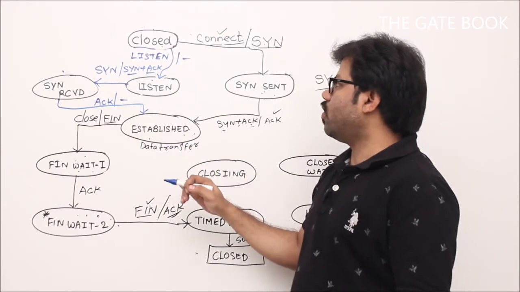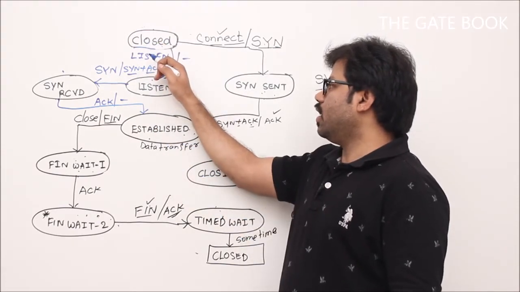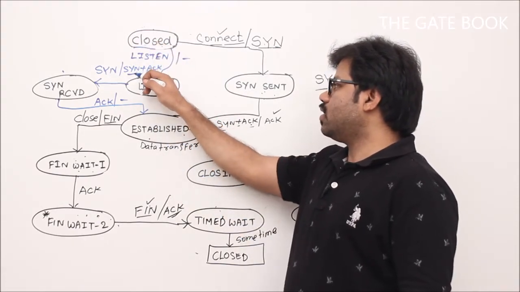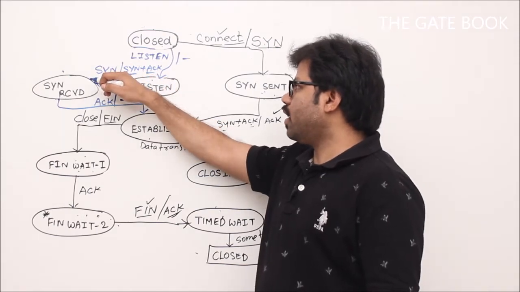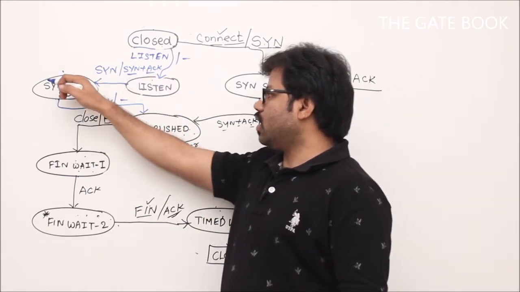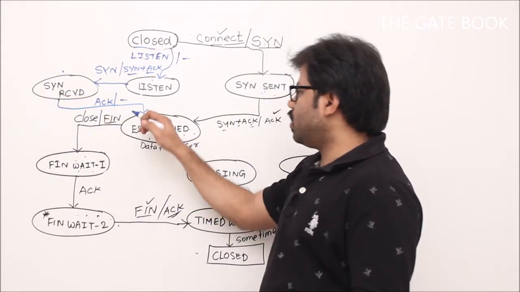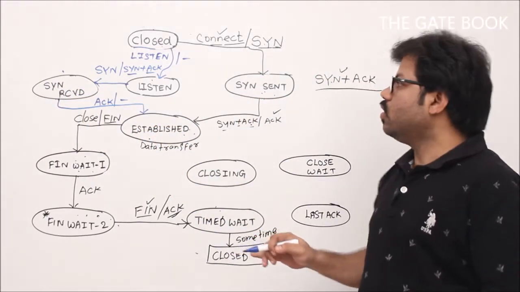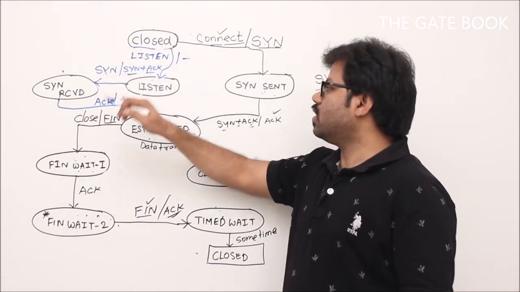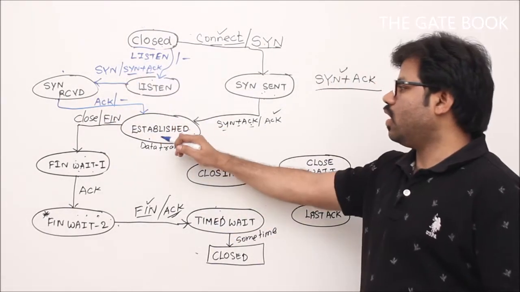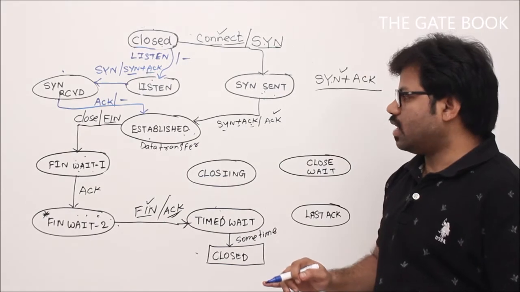Let's see the server path one more time. Initially you are listening, right? Whenever you listen, go to LISTEN state, and whenever you get a SYN packet, send SYN plus ACK and go to SYN_RECEIVED. In SYN_RECEIVED, if you get acknowledgement, then go to ESTABLISHED because the connection is established. You see, just SYN plus ACK, then ACK, will eventually put your server in ESTABLISHED state.